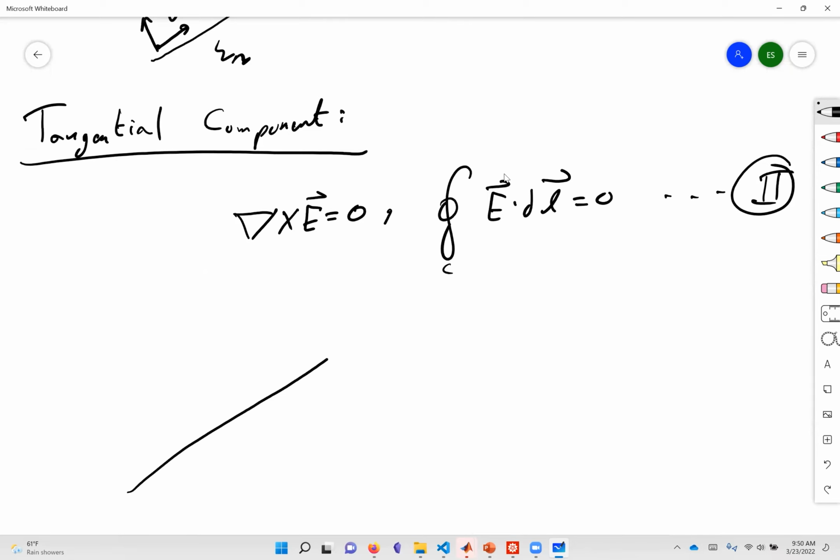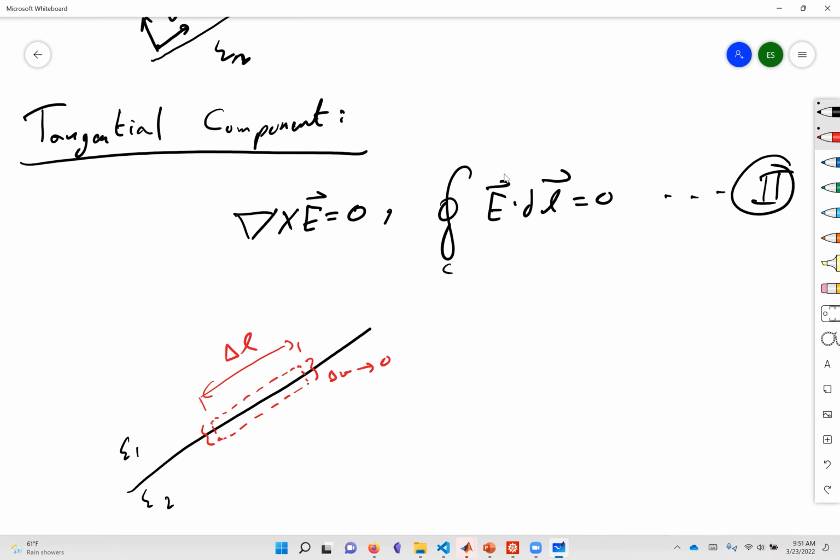So I have this interface, epsilon1, epsilon2. I take my path to be this loop, this small strip. And I want to make it as thin as I can, delta W approaching 0, because I want to stay close to the interface.